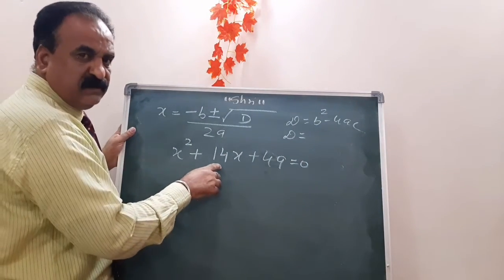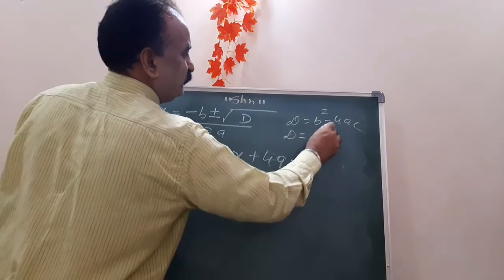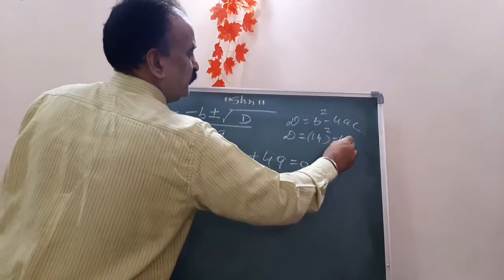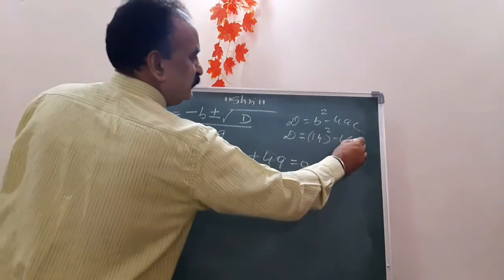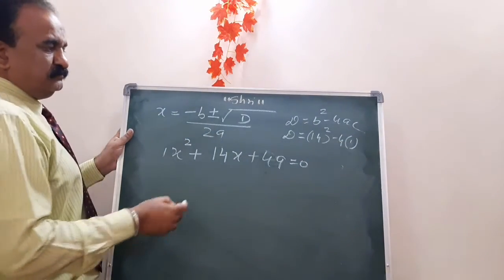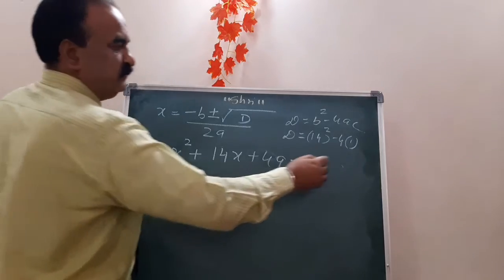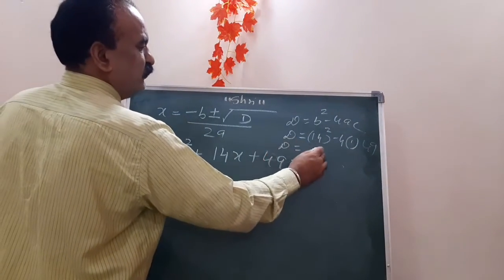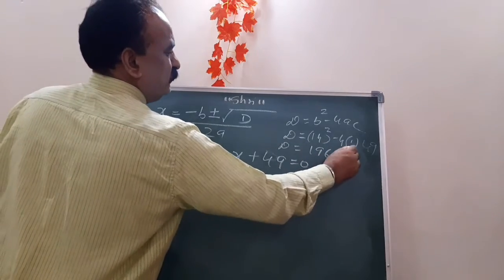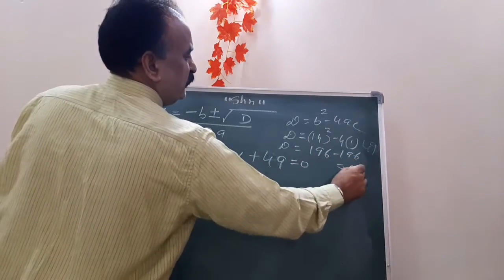What is your b? 14. So 14 square minus 4 into a, coefficient a is 1, so 1, into c. C means 49. So you will get d is equal to 196 minus 196 equal to 0.